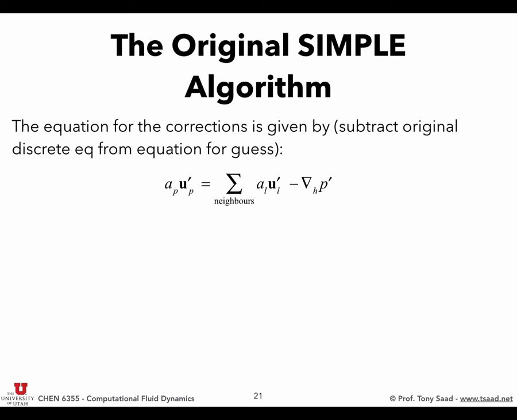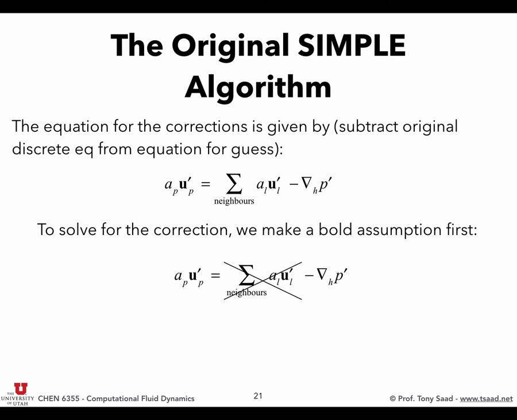But before we get there, the SIMPLE algorithm makes the bold assumption to neglect the neighbor terms, the advection and diffusion contributions over here, because they complicate the solution of this algorithm. When we go to more advanced SIMPLE algorithms, SIMPLER, SIMPLEC, they don't make that assumption.